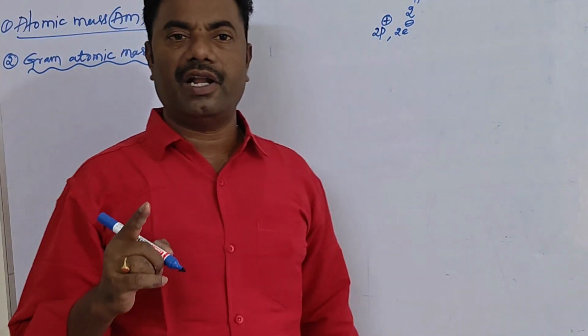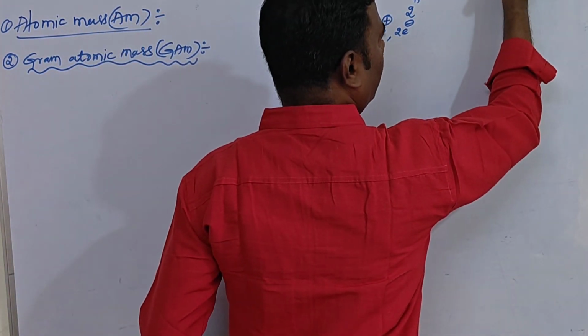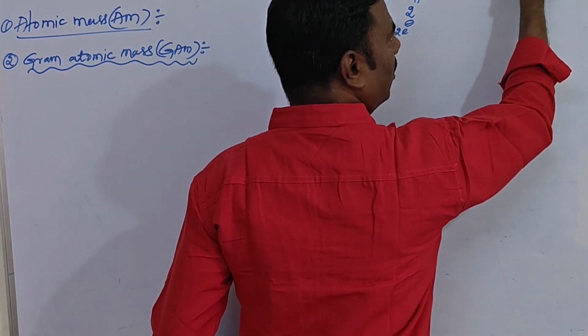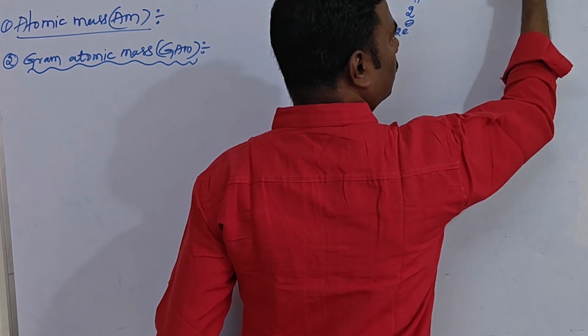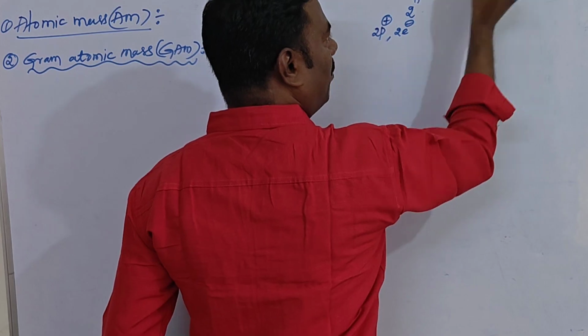How to calculate number of neutrons? This is the formula: N is equals to A minus Z. A means atomic mass.